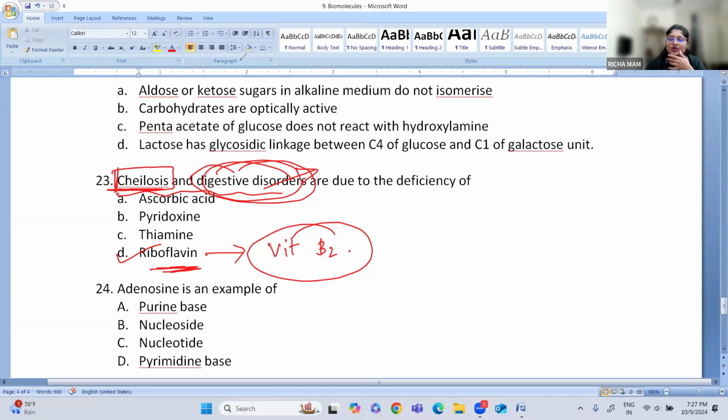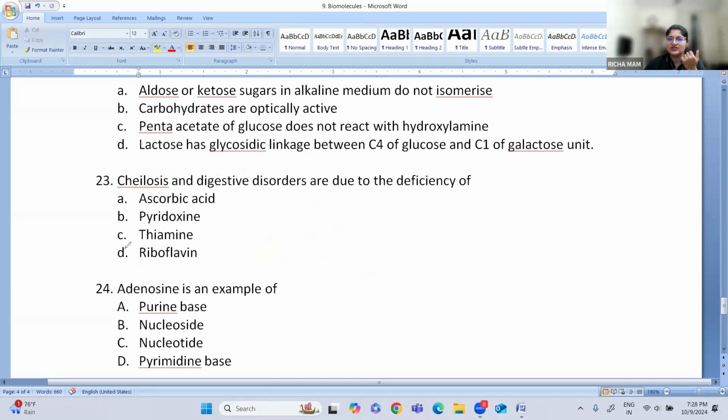When the deficiency of vitamin B2 is there, these disorders will occur. Cheilosis means some cracks at the corners of your mouth, and some microorganisms or bacteria will form there. These are due to the deficiency of riboflavin, when you have a lower amount of vitamin B2. Is it clear now? Fine. Any other doubts?